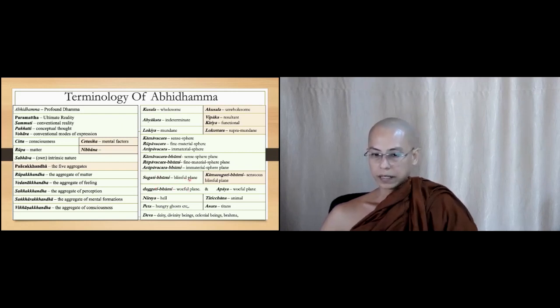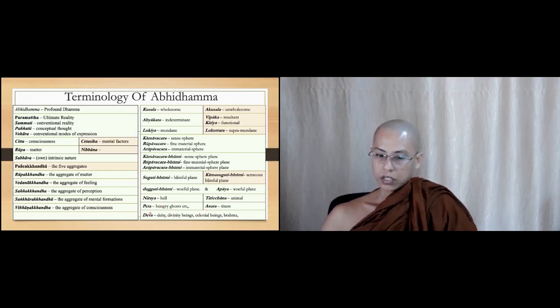Regarding the Sugati Bhumi, if we attach Kama, it becomes Kama Sugati Bhumi. So the word is sensuous, meaning the sensuous blissful plane. For the Dugati Bhumi, awful plane, another word is Apaya, awful plane, the same. There are 4 types of awful plane we already introduced: Niraya, Tiracchana, Peta, Asura.